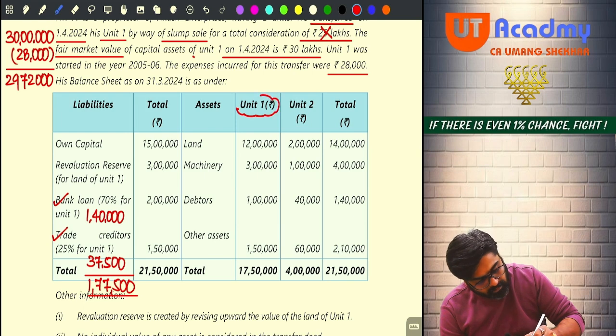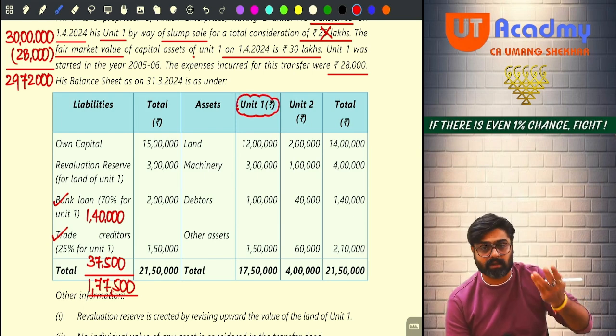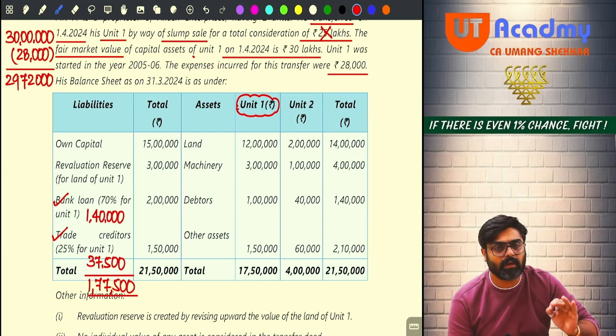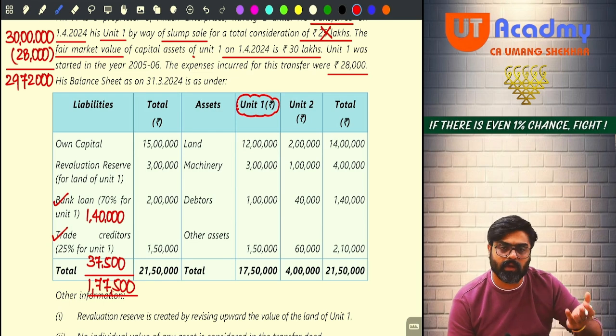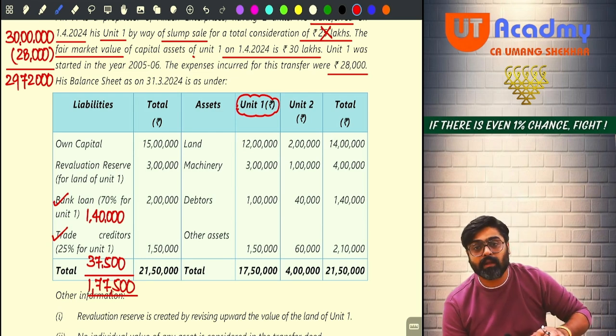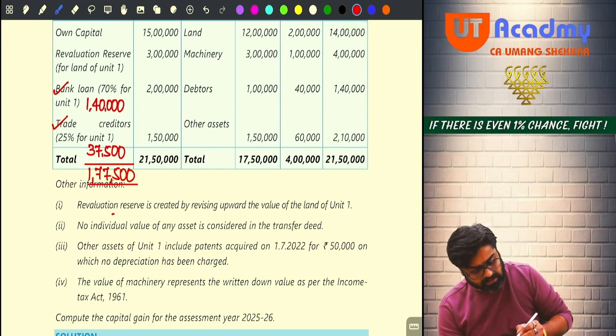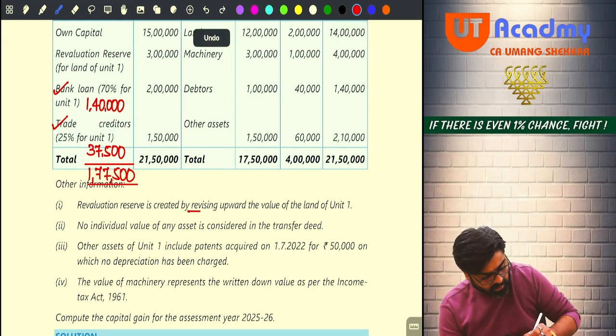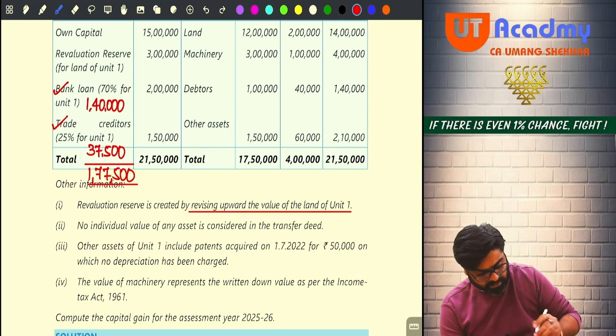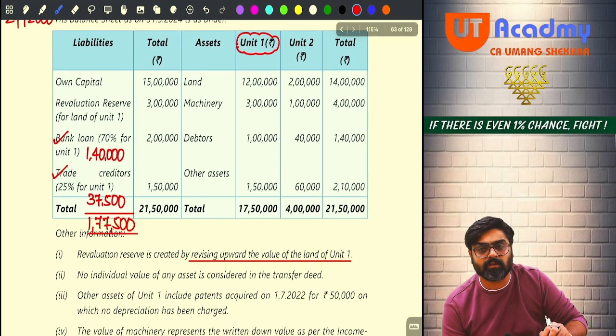So for unit number 1, which is getting transferred in the transaction of slump sale, what will be the total assets? See, land is not a depreciable asset, so the book value of the land needs to be taken. But if you see, adjustment number 1 says that a revaluation reserve is created by revising upward the value of the land of unit 1. Can you see the revaluation reserve of 3 lakhs?